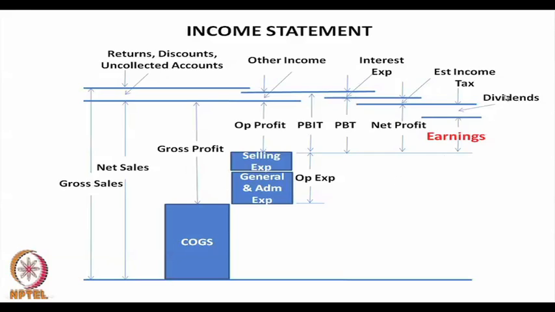Now, let us understand that dividends are usually a decision to be taken by the board of directors of the company. Normally, when the net profit is high, the dividends paid are high, and when the net profit is low, dividends paid are low. However, it is not always so.